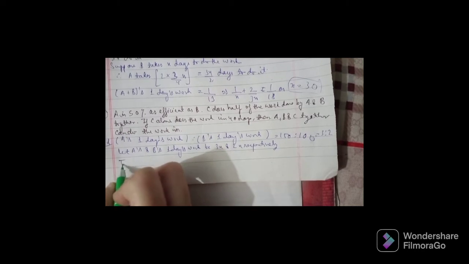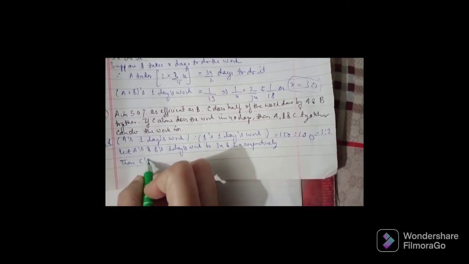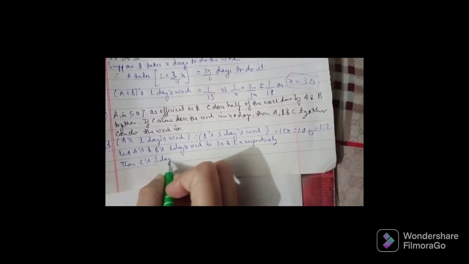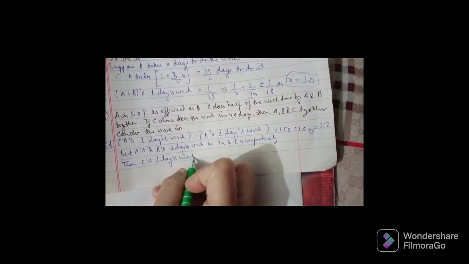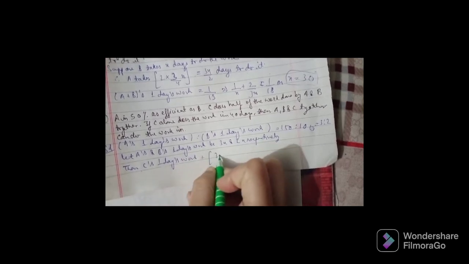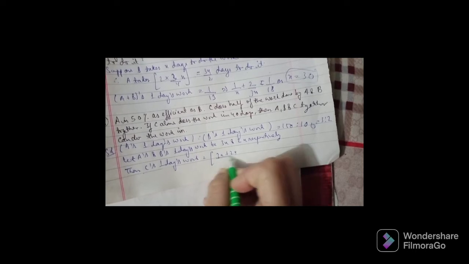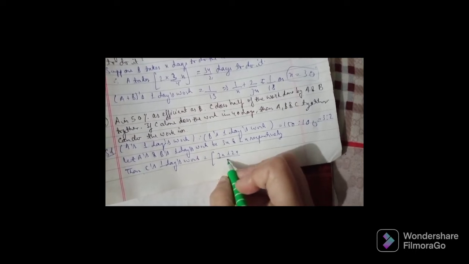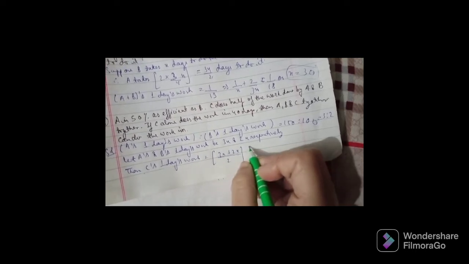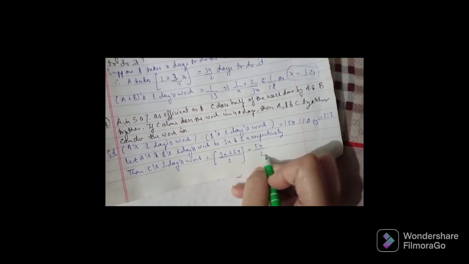Then C's 1 day's work equals (3x plus 2x) upon 2, that is 5x upon 2.